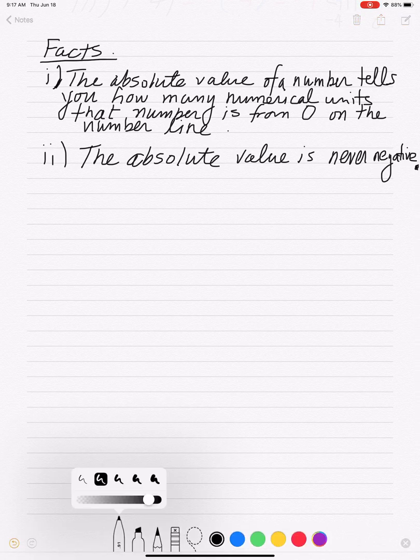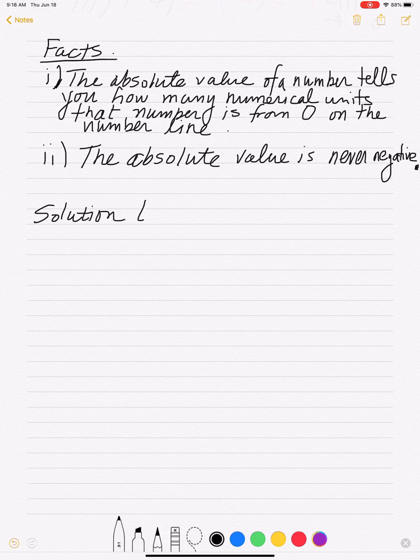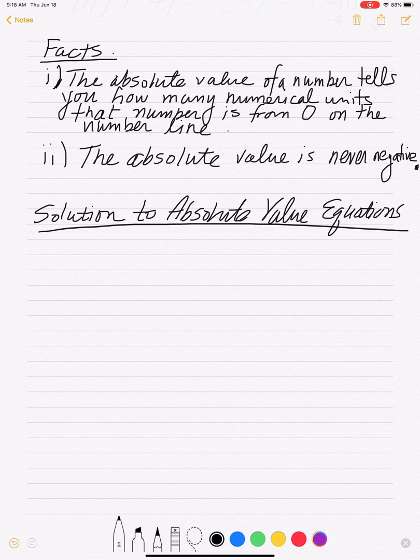I'm going to give you a little fact about solutions to absolute value equations. I'll give you two statements here. Number one, let's say you got a variable.